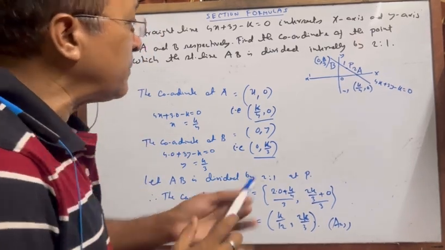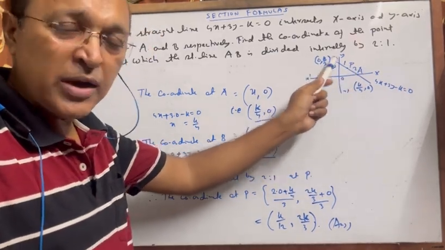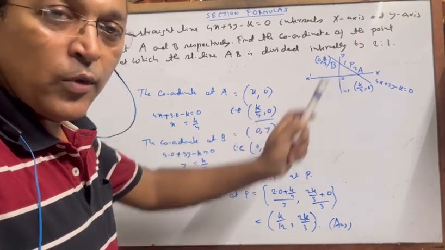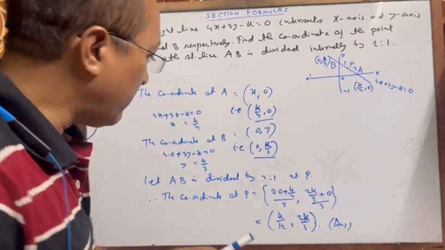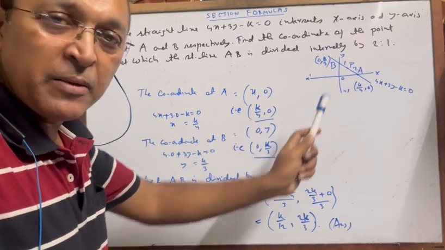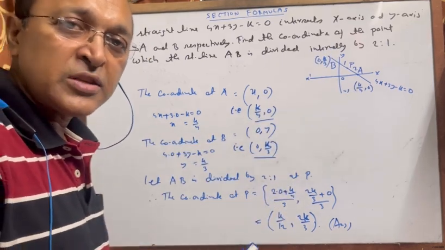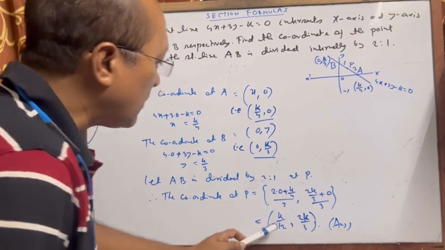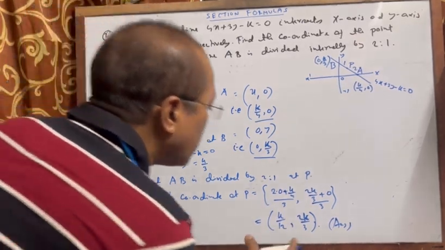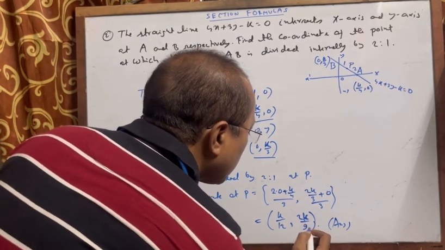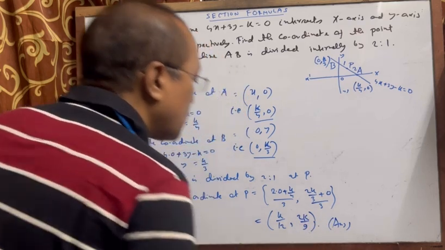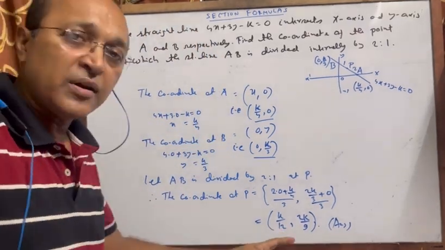Let AB be divided by the ratio m is to n, which is 2 is to 1, at point P. Now we have to find the coordinate at P. Using the formula mx2 plus nx1 by m plus n and my2 plus ny1 by m plus n, we have found k by 12 and 2k by 9. So this one is our answer.